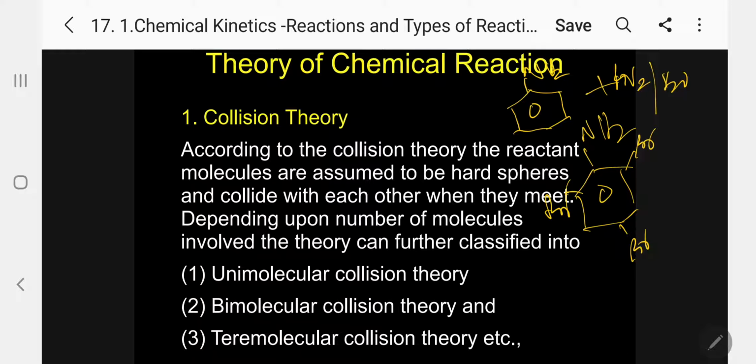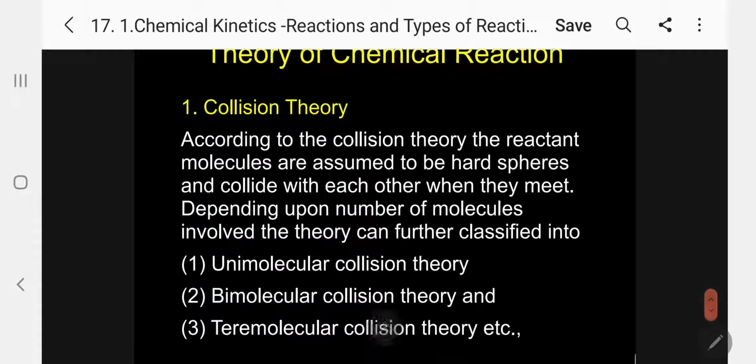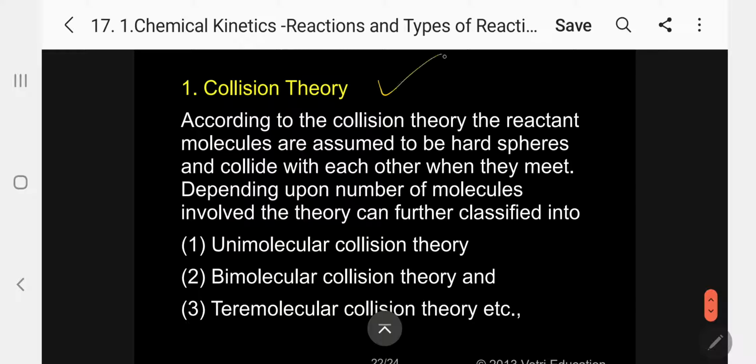Kindly follow. The same bromine water, if you add to benzene, no reaction takes place. Benzene is not reacting, whereas aniline is reacting. So we need an explanation. That's why we want to know about the theory. So I am going for collision theory for this one.